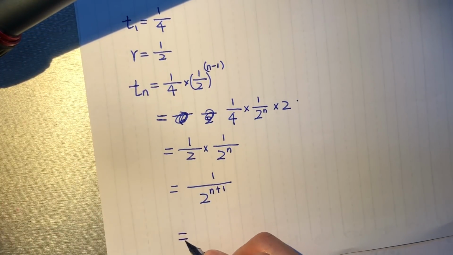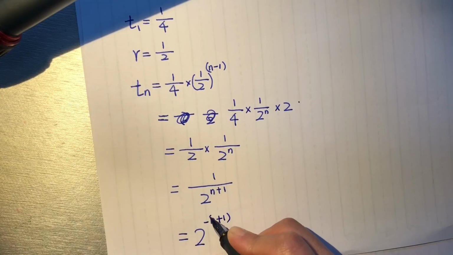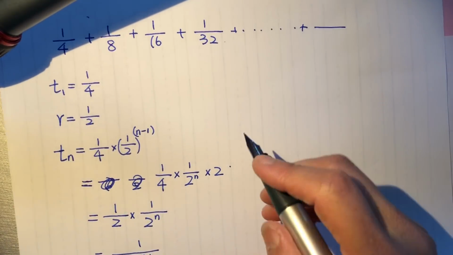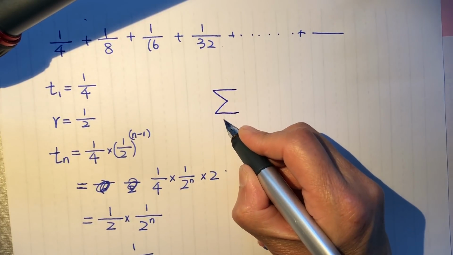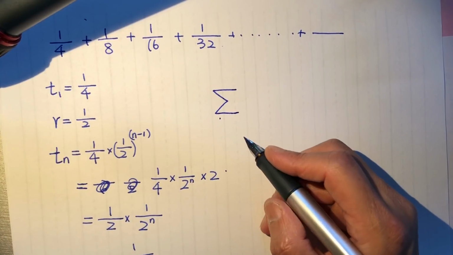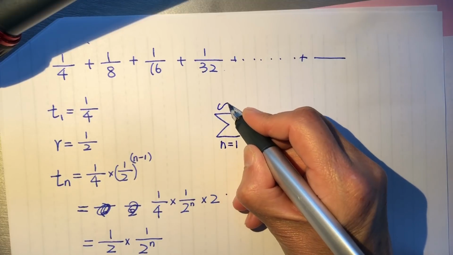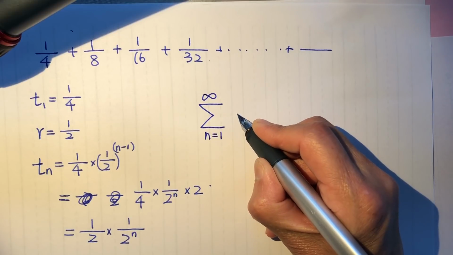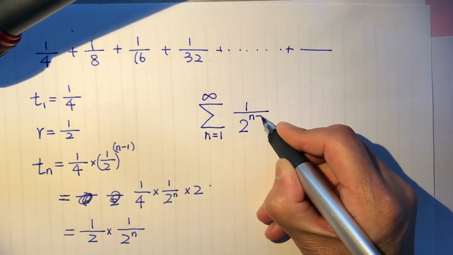You can also write it as 2 to the power of negative n plus 1. I personally do not like it this way, but it is also right. So the sigma notation, n equals 1, goes to infinity, and the formula of it is 2 to the power of negative n plus 1.